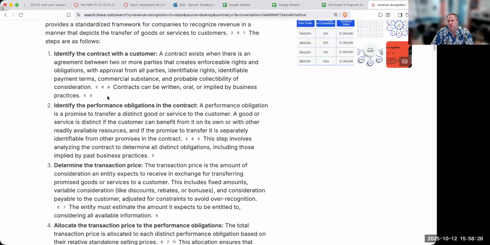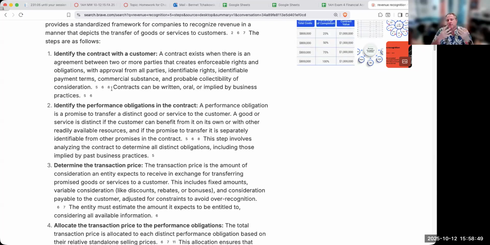Now, when I'm teaching financial accounting at the lower division level, I'm usually just saying, did we do everything we need to do to earn that revenue? However, from an intermediate accounting standpoint, that's not necessarily correct.